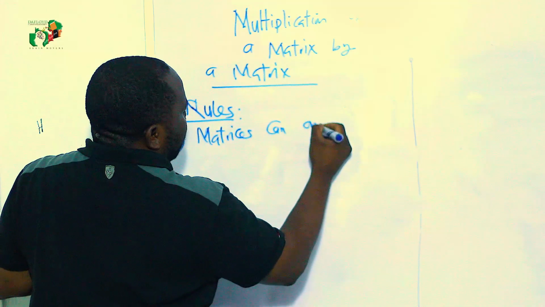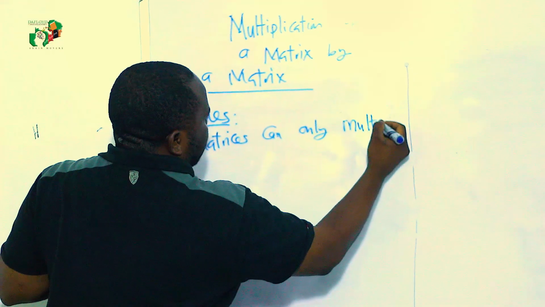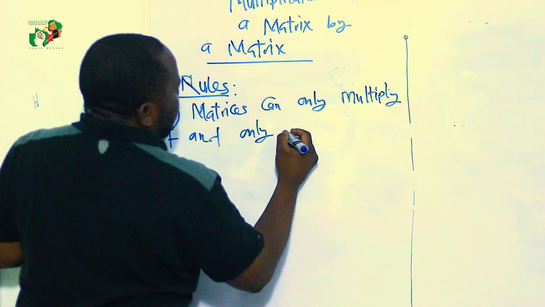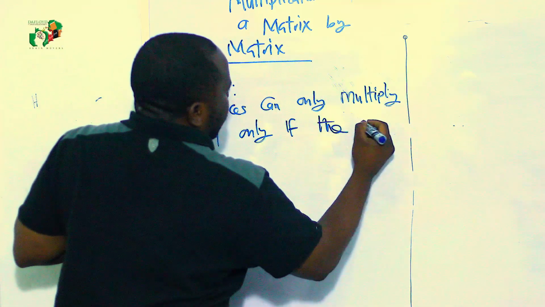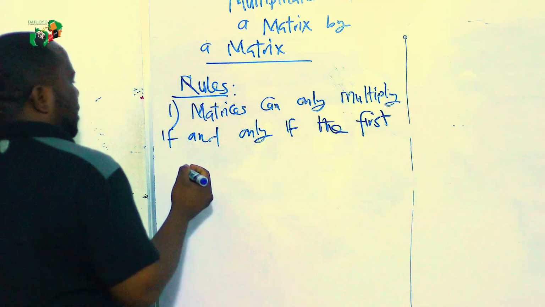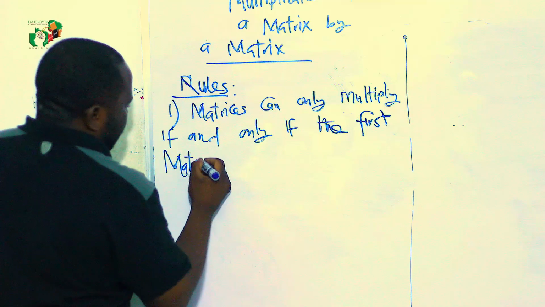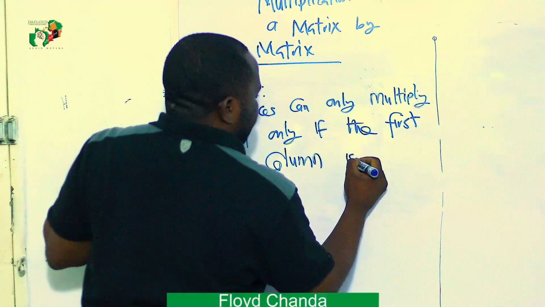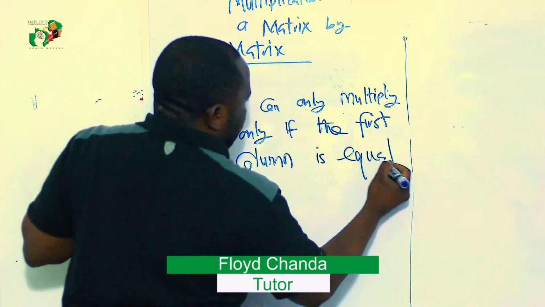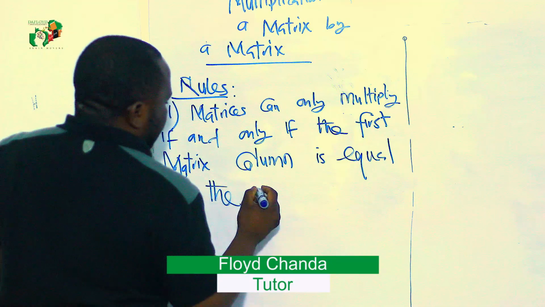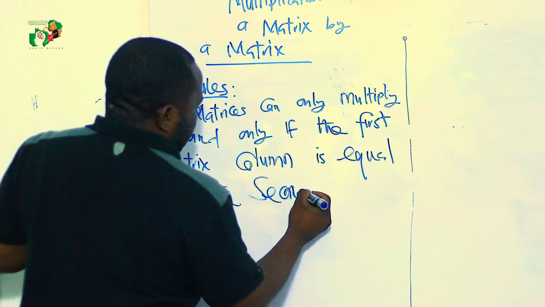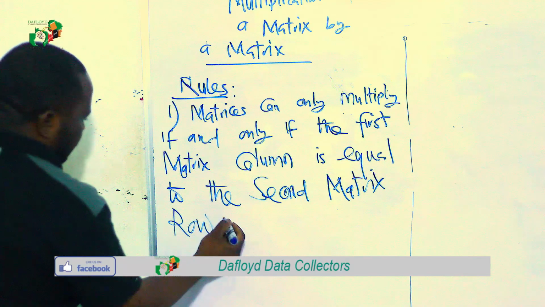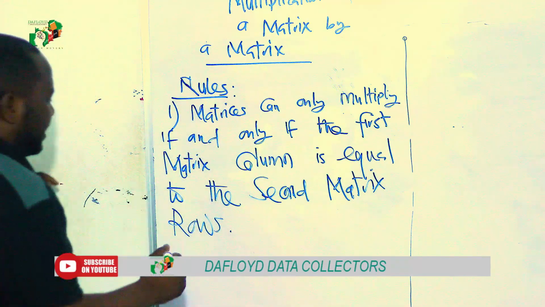Number 1: matrices can only multiply if and only if the first matrix column is equal to the second matrix rows. As I said, this one makes sense. It will make sense later.